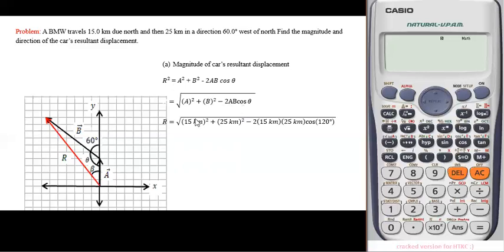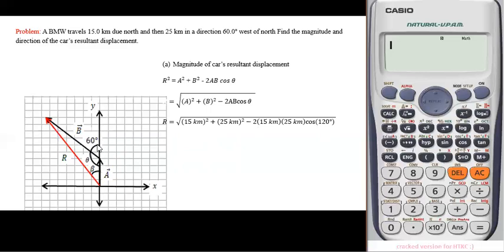And then plug in the values. We have R is equal to the square root of 15 kilometers squared, that is the value of vector A, plus 25 kilometers squared, the value of vector B, minus 2 times 15 times 25 times cosine 120. What is cosine 120? That is the angle between side A and side B.